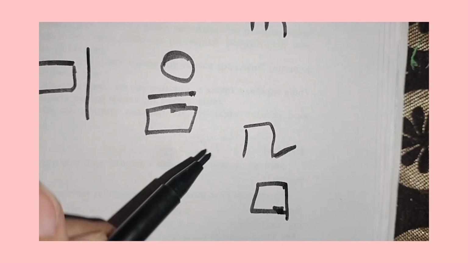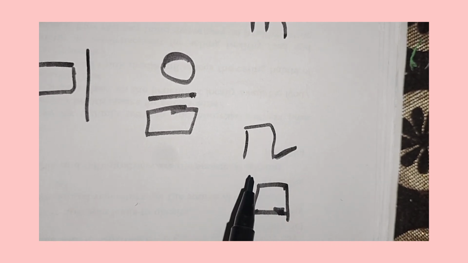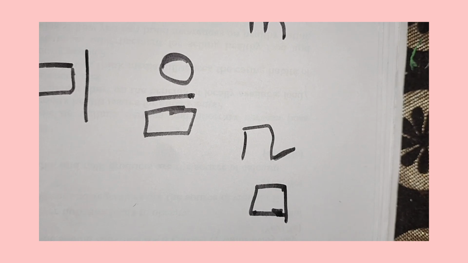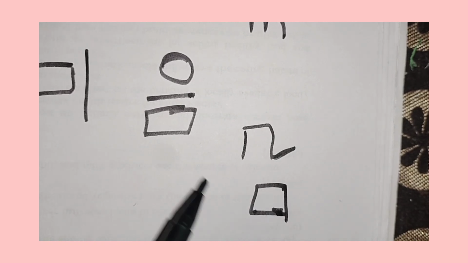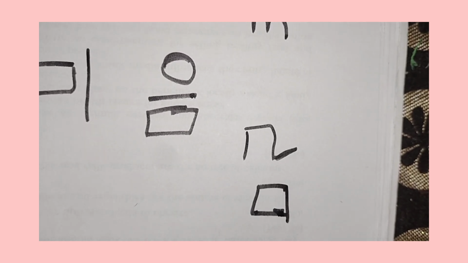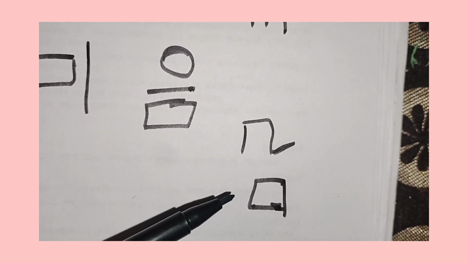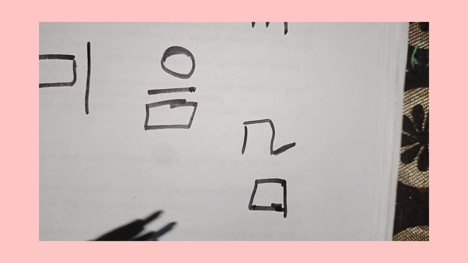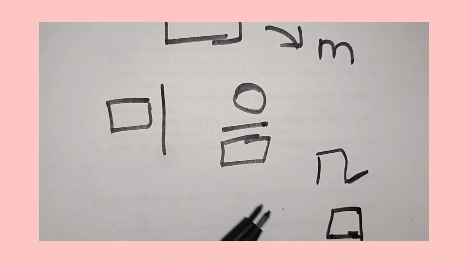Did you see the difference? This is the correct way, and some Koreans don't follow it and use this way while writing Korean, because it's the easiest way to write fast. But if you're a beginner, just use this way. As a beginner, it's better to follow the correct order.